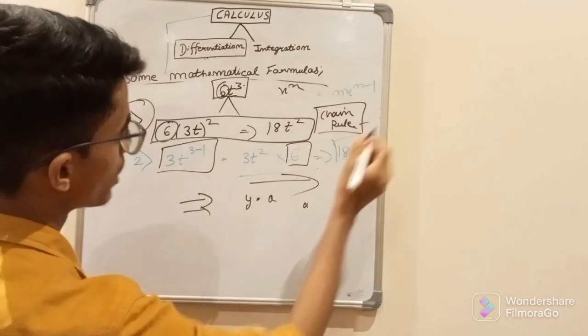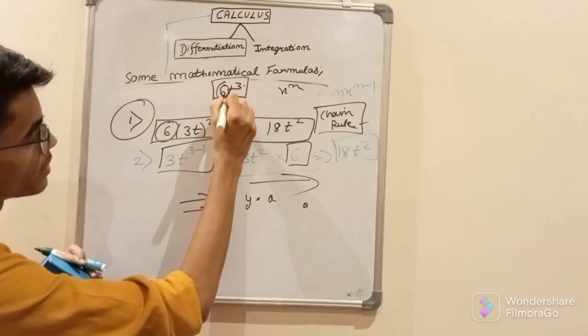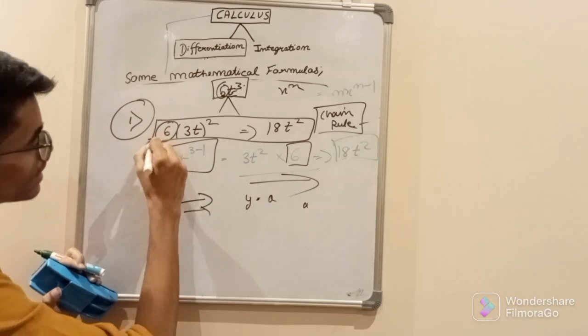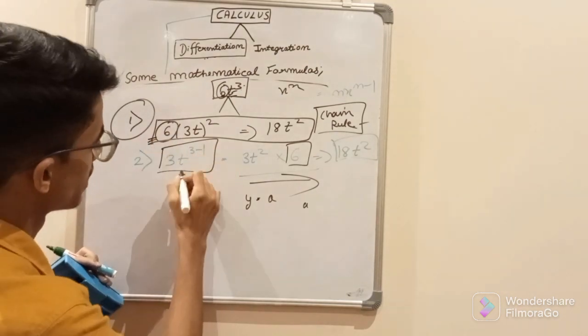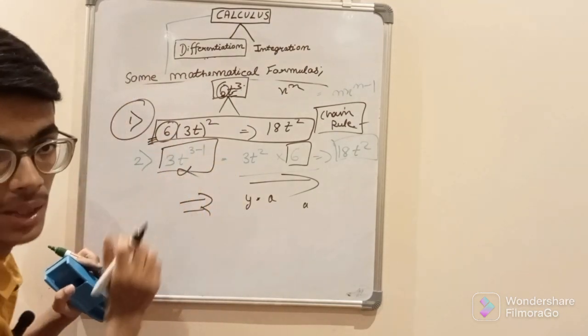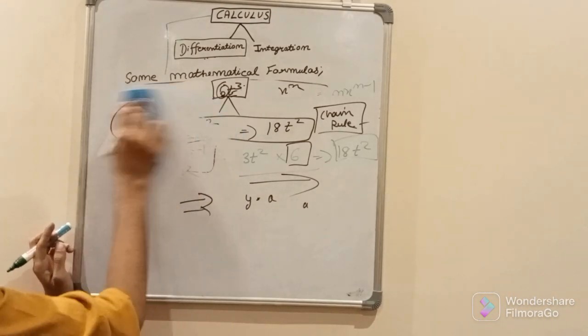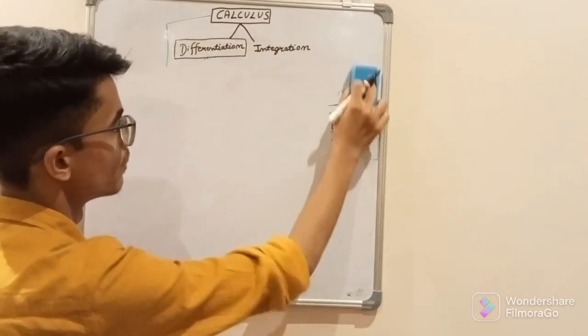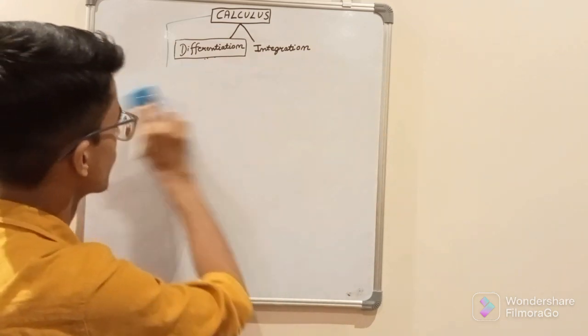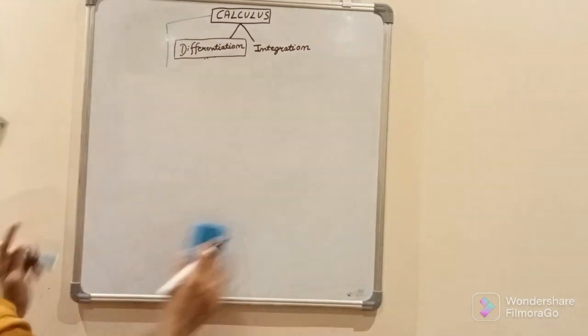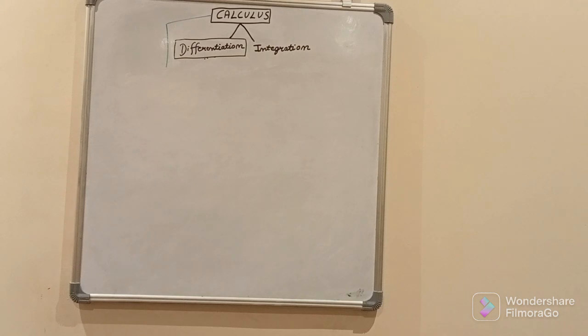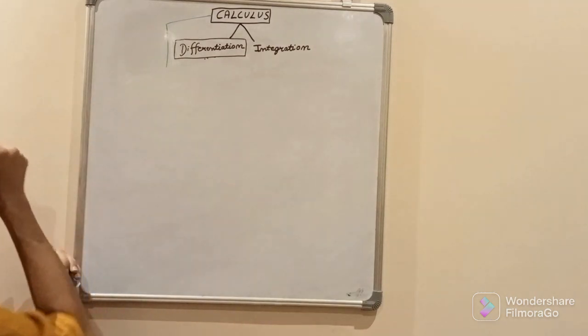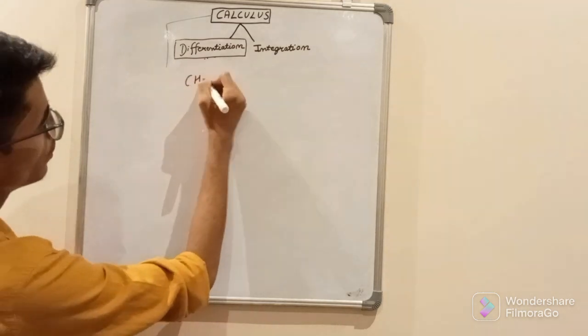And while using the chain rule, if we have to differentiate 6t cube, this is the method which is going to help us, and the other method will fail sometimes. So let's start with the chain rule.